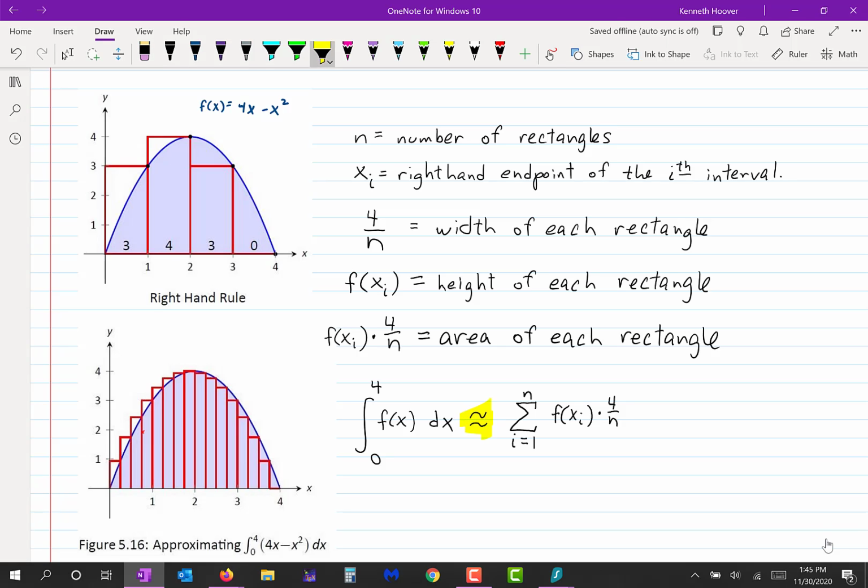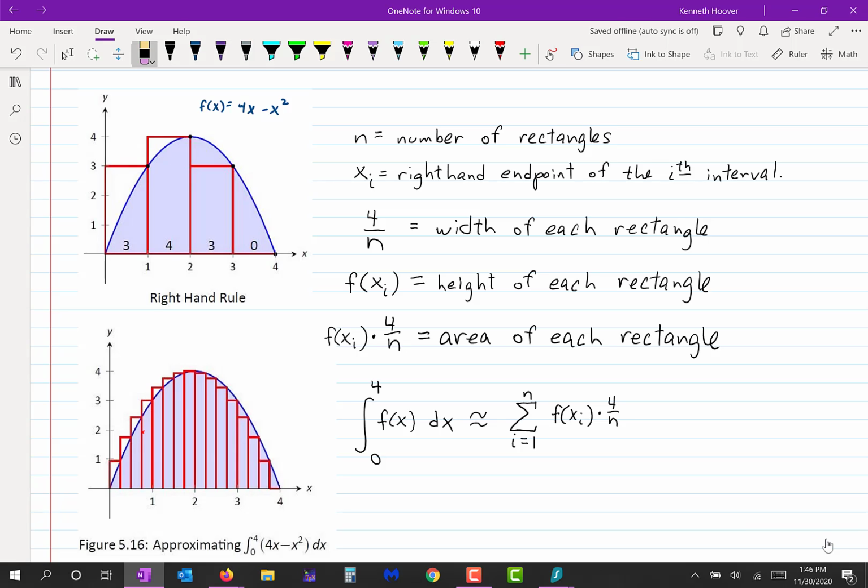Okay, now see, that's just an approximation, right? There's only two pictures over there, but neither one of them is going to give us the exact blue area, is it? But you can see from those two pictures that the more rectangles you use, the smaller they are, and the better they conform to the parabola.